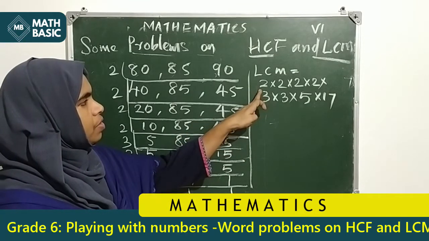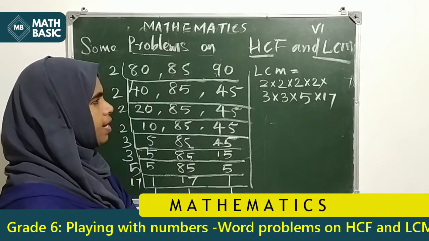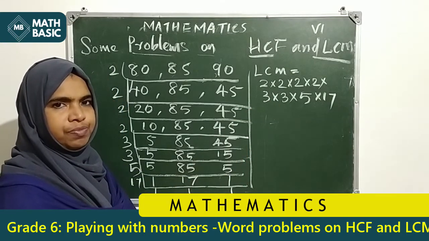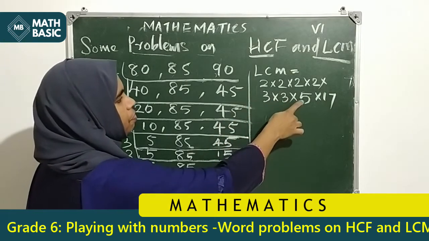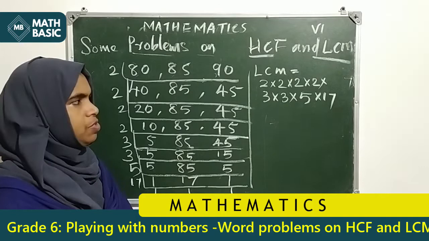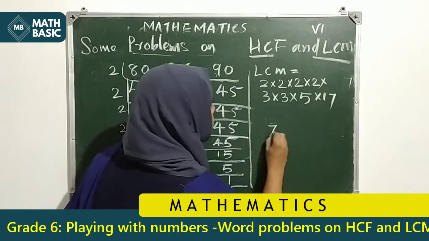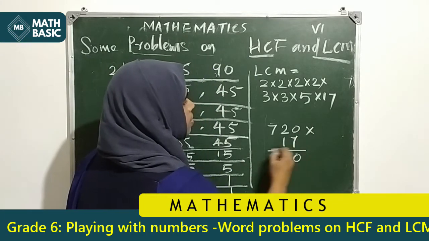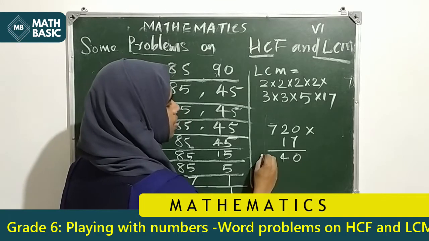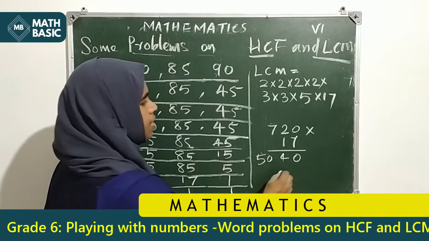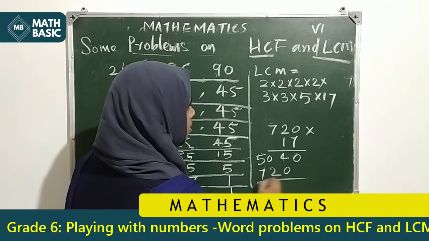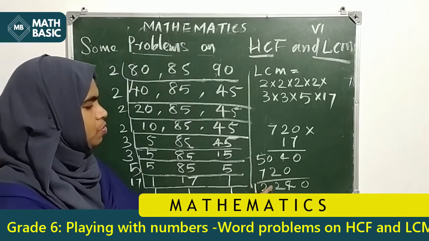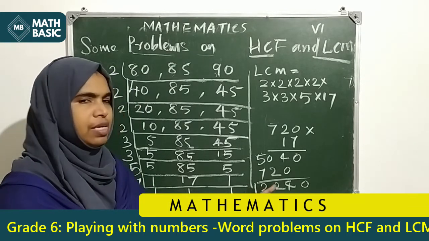Now find the product. 2 2s are 4, 4 2s are 8, 8 2s are 16, 16 into 3 is 48, 48 into 3 is 144, 144 into 5 is 720, 720 into 17 is 12,240.